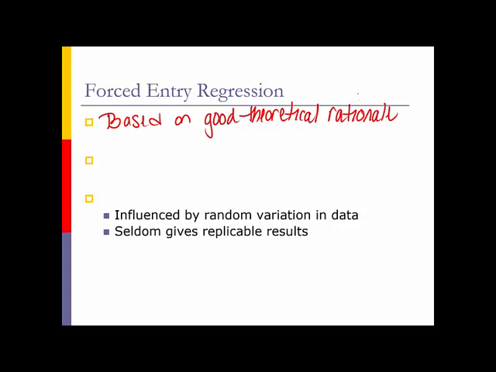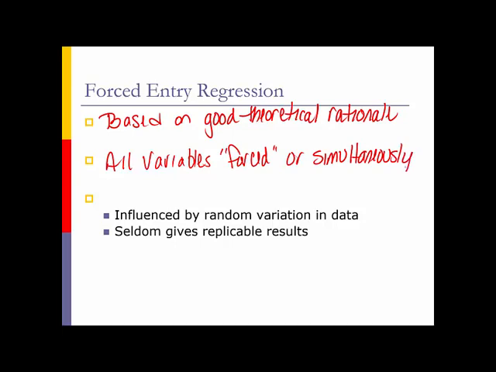What does forcing the variables into the model mean? You've got 2 variables, and you are forcing 2 variables in the model. Your model will have 2 variables, even if one of those variables turns out to be poor. So you're forcing them both into the model.